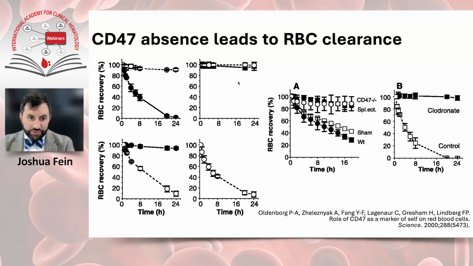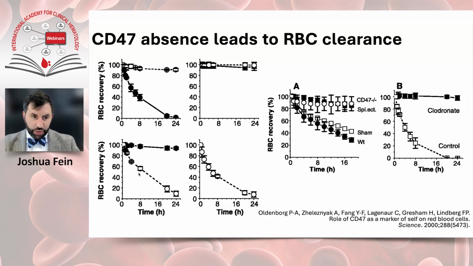Then, if these same CD47 negative RBCs are injected into a CD47 negative mouse, as we mentioned, the RBCs were preserved. Here, though, they wanted to look at whether there was a lymphoid population that was actually driving this.